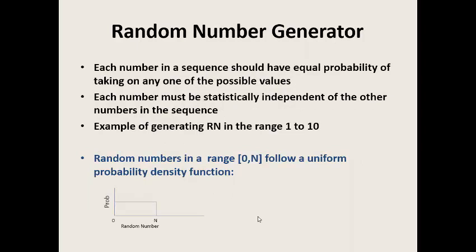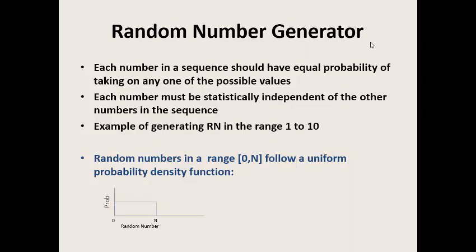One of the things which we need for performing the Monte Carlo simulation is the random number generator. The random number generator is used for generating a sequence of random numbers.